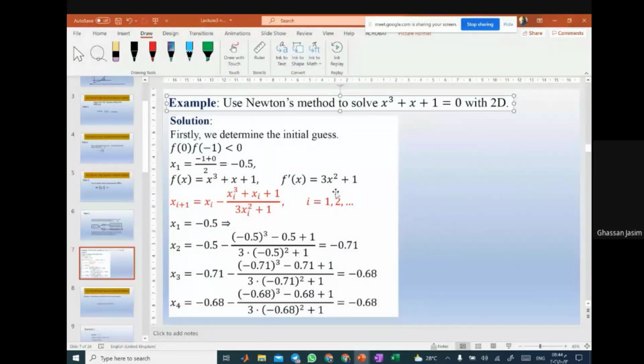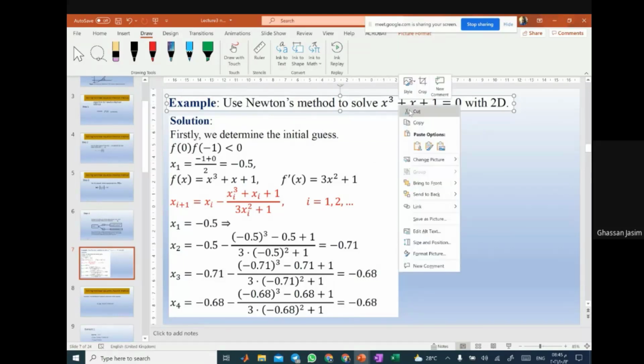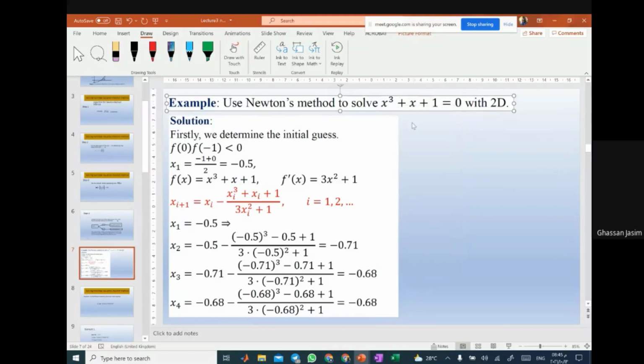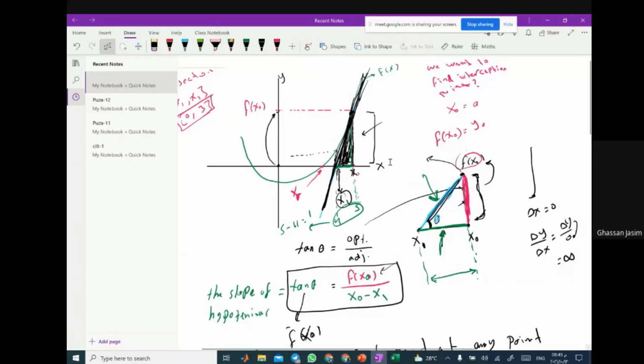We need to find the intersection point between this function and the x-axis by using Newton's method. Let's take this copy and come here.